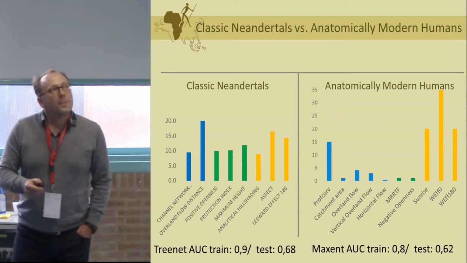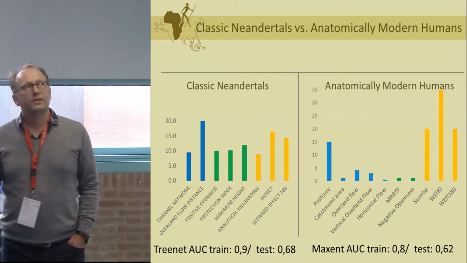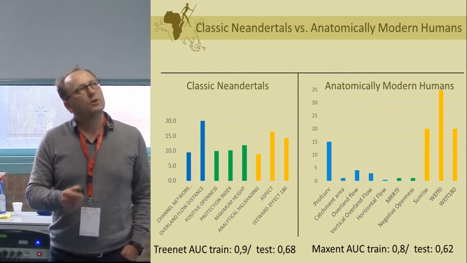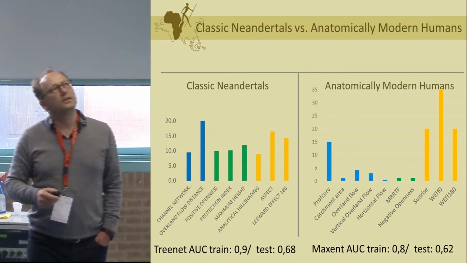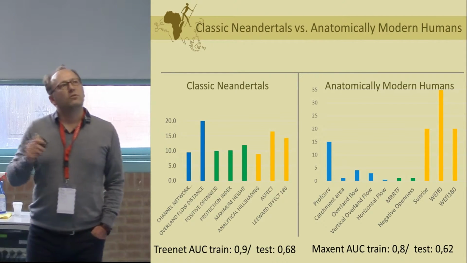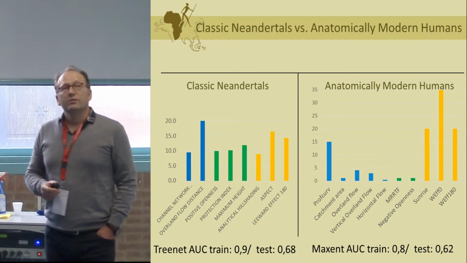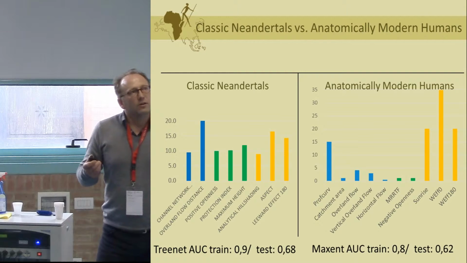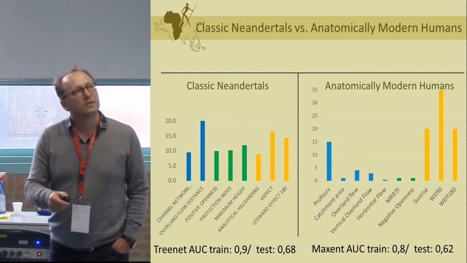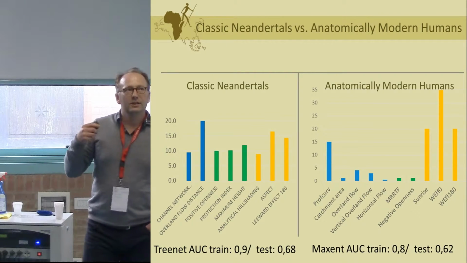However, what we can deduct from the diagrams is that the site selection criteria for both are quite similar. So anatomically modern humans as well as classic Neanderthals show all three categories: the climate, the strategic, as well as the water-related issues. And here we had also looked into the single parameters listed over here, and it seems that they are quite similar.